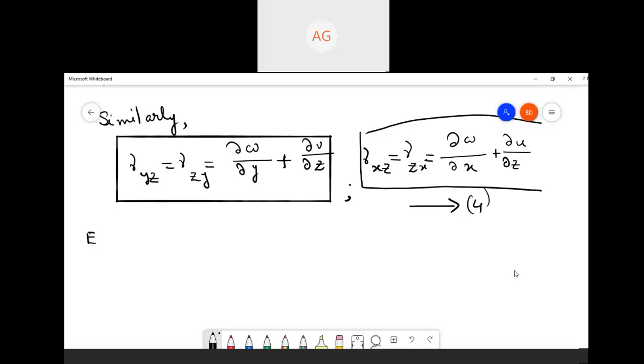And you can just post. Okay. So equation 2, 3, 4.